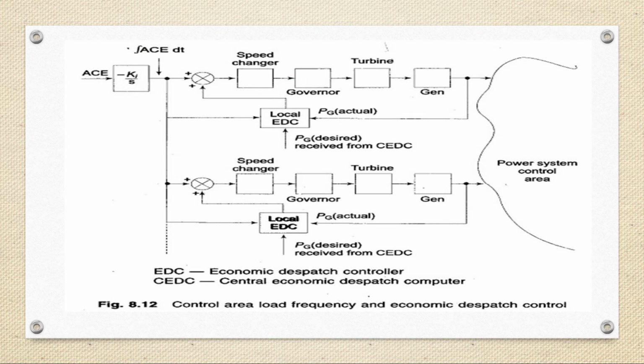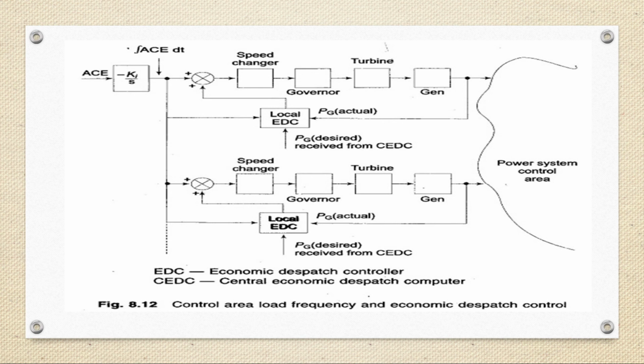This figure gives us the schematic diagram of both the controls for two typical units of a control area. The signal to change the speed changer setting will be constructed in accordance with the economic dispatch error, that is PG desired minus PG actual, and it can be modified by a signal representing the integral of ACE at that instant of time.